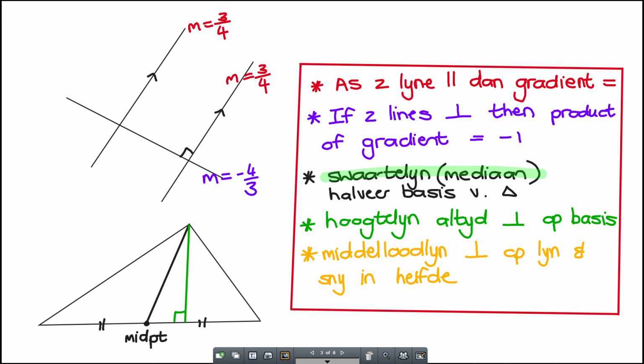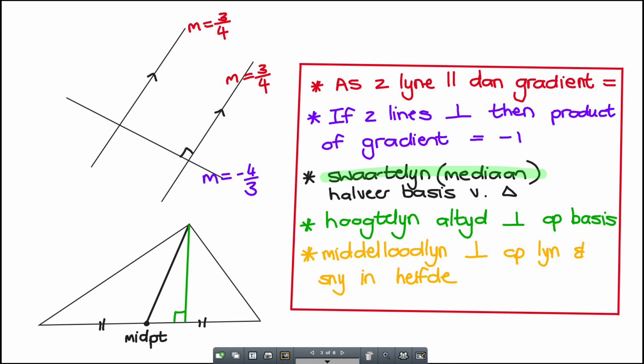We only have the coordinates of C. But can I maybe get the coordinates of D? Ja, want ek weet dit is die middelpunt van A en B, nee. So you've got an added step there. You first have to work out the coordinates of D, en dan kan ek gaan uitwerk wat is die vergelyking van CD, my swaartelyn. Does that make sense?